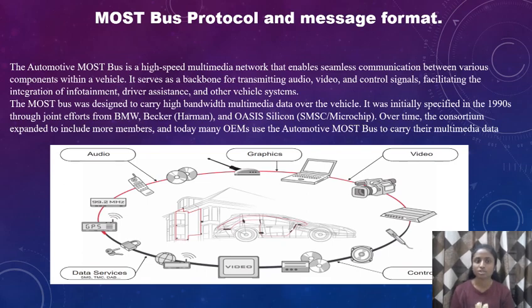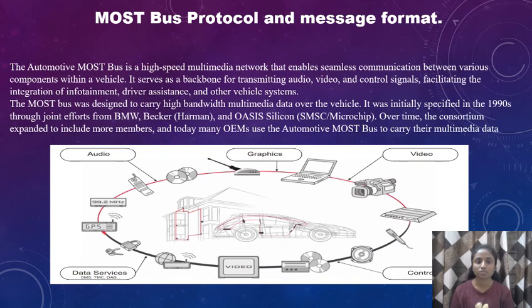In automotive, MOST bus is a high-speed multimedia network that enables seamless communication between various components within a vehicle. It serves as a backbone for transmitting audio, video, and control signals, facilitating the integration of infotainment, driver assistance, and other vehicle systems.